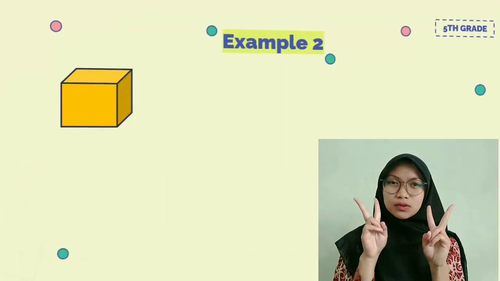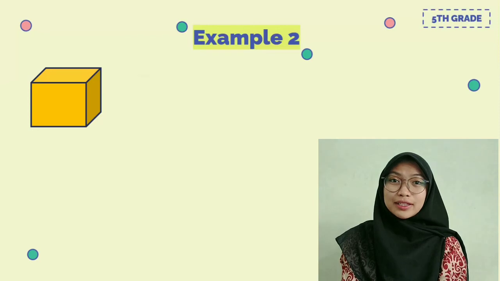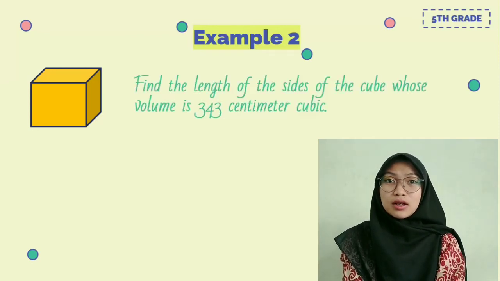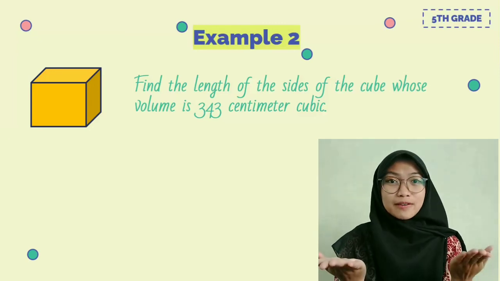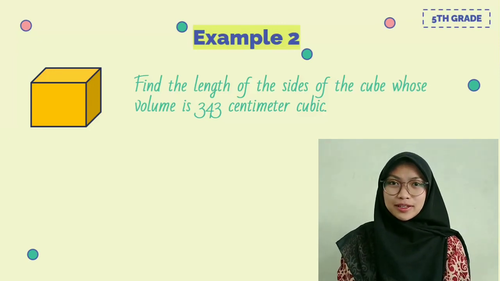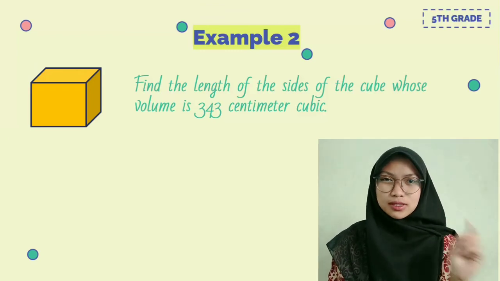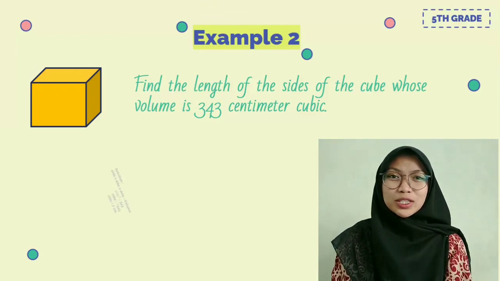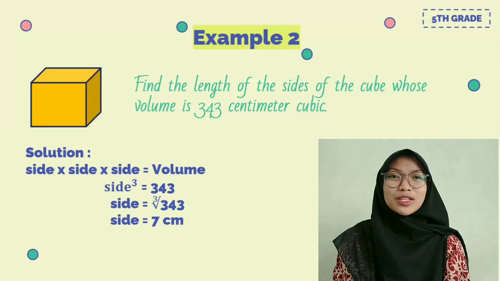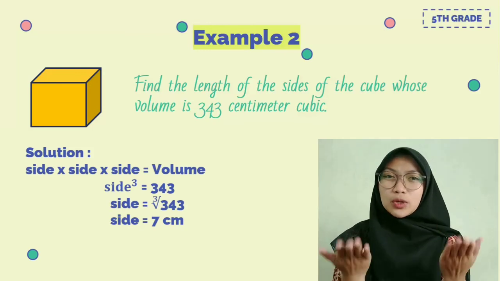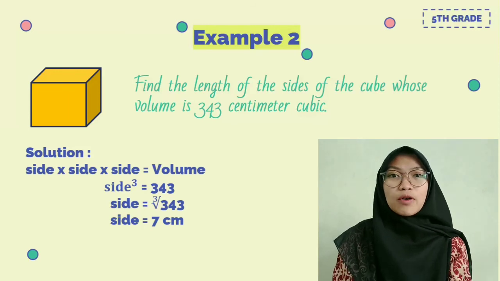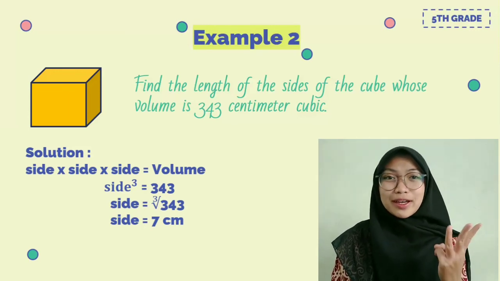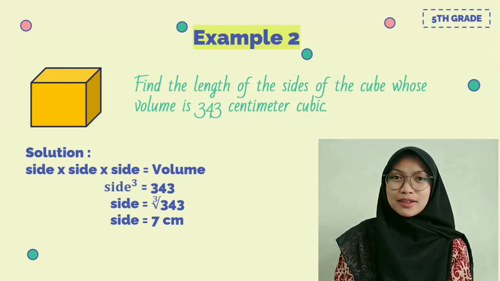Example 2. Find the length of the side of the cube whose volume is 343 cm cubic. Solution. Side multiplied by side multiplied by side equals volume. Side to the power of 3 equals 343.